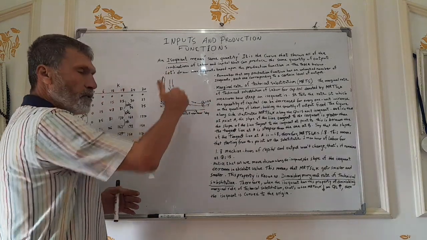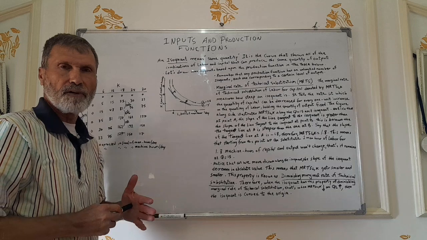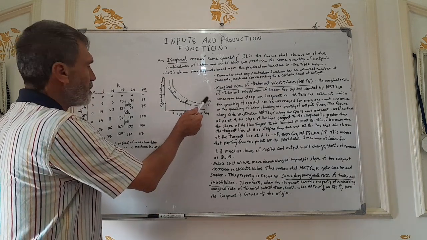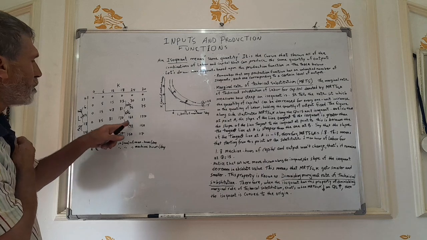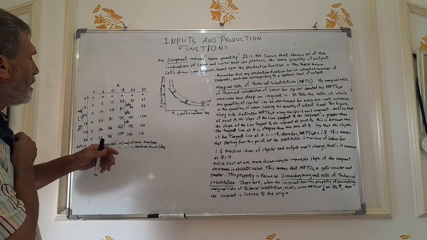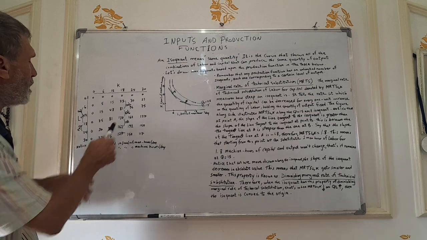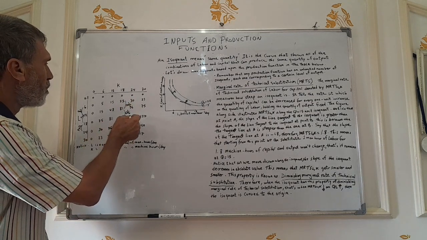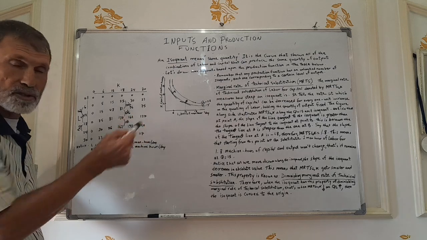When we move up, we come up with a higher level of output. So also we can draw Q equal 25, or any level of output, Q equal 30, or Q equal 48, or 162, and so on and so forth.